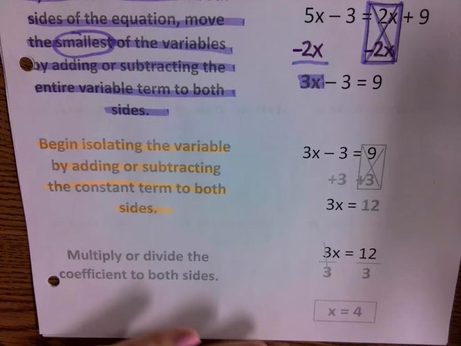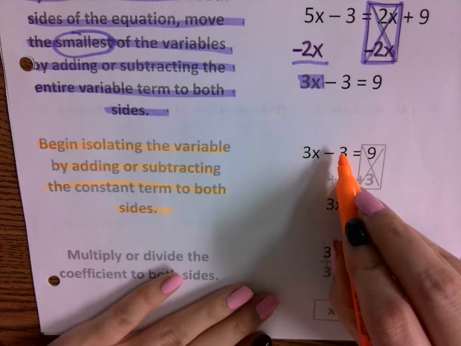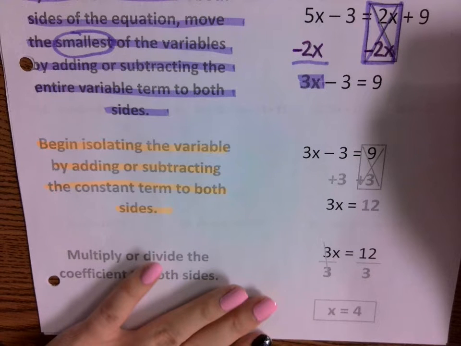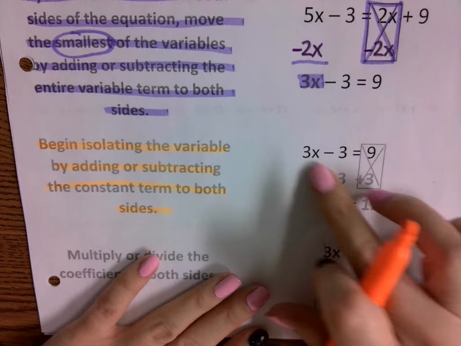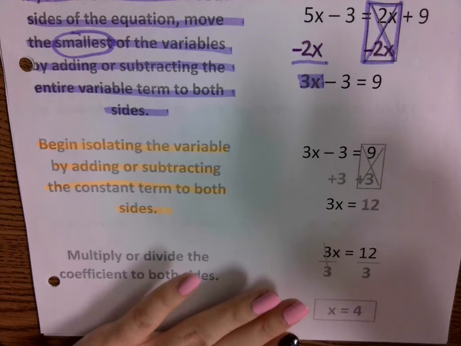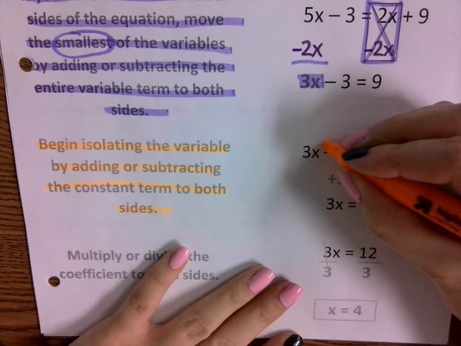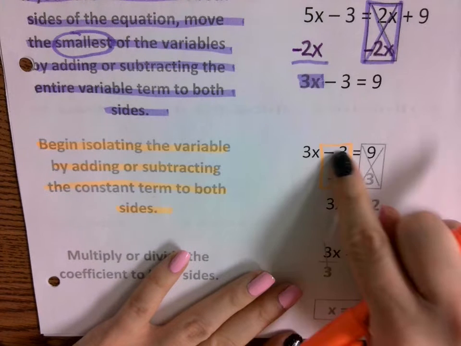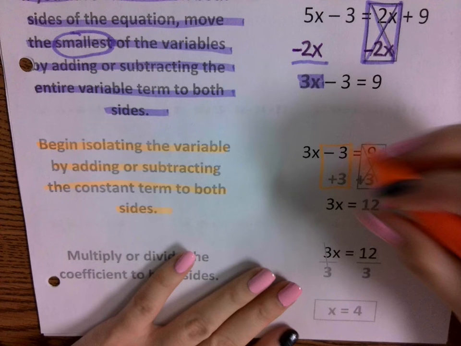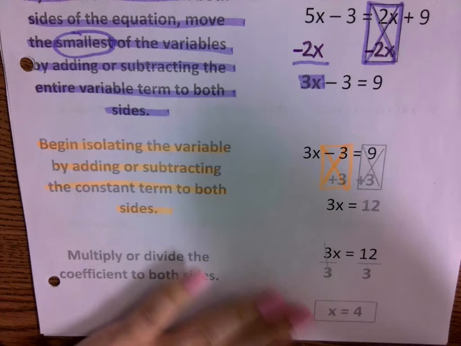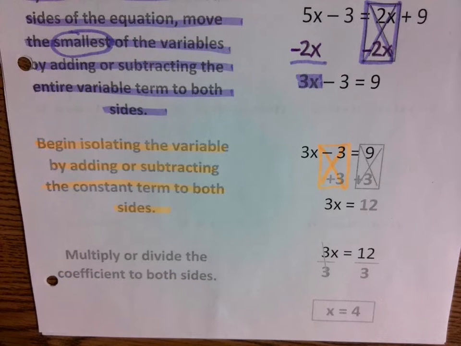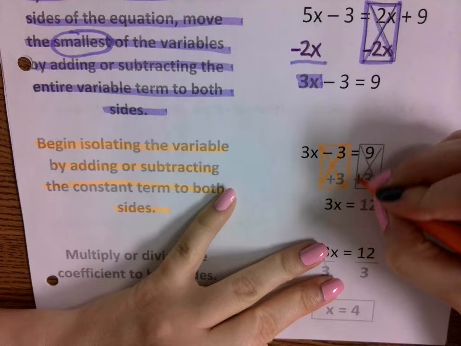We're going to go ahead and do the inverse operation of subtracting the 3 by adding a 3. We're going to add a 3 to both sides. And 9 plus 3 is going to give us that 12.